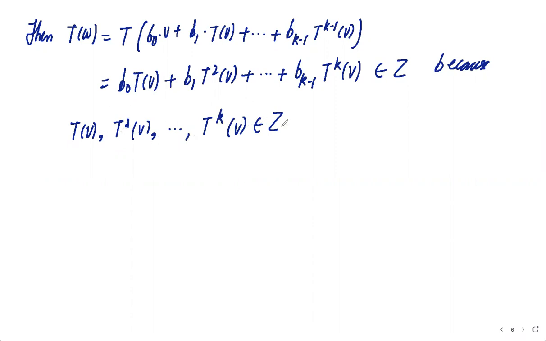So these are all elements of Z, therefore their linear combination is an element of Z. That means T of W is an element of Z.